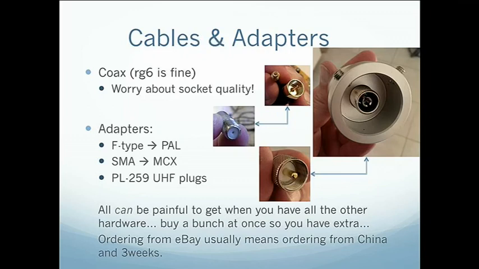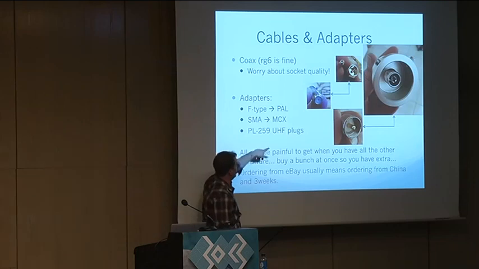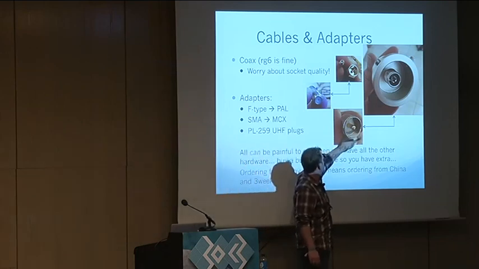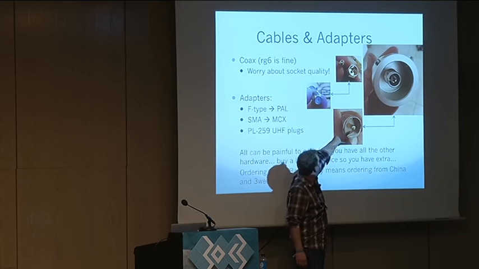Further, another type of adapter and plug that you're going to need is typically for your antennas. I wanted to point this out because it's commonly used. These are a UHF plug or socket, and the actual plug right here is a PL259 plug that converts to F-type.